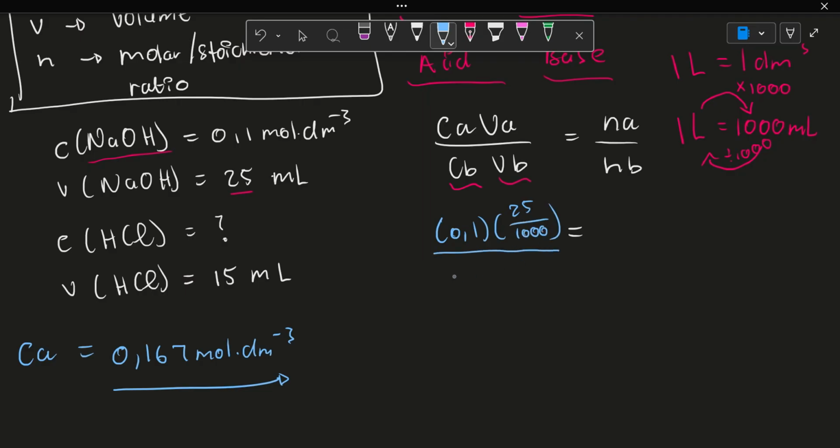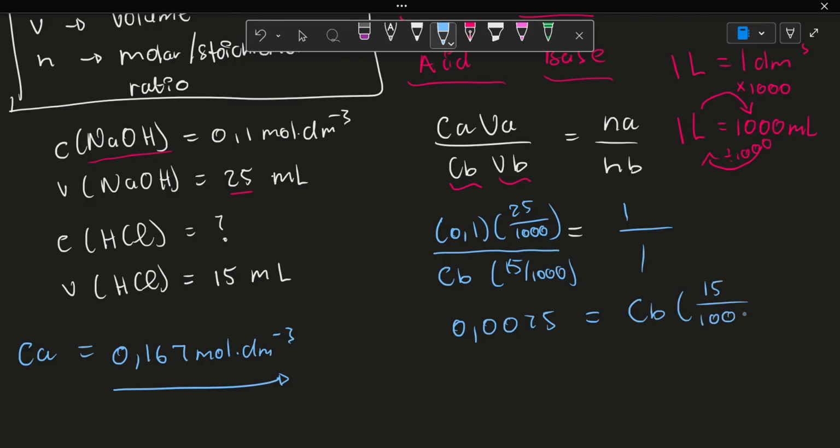And then I would have the concentration of B, and Vb would then be 15 over 1,000. And obviously this would still be 1 over 1. And then I would still get 0.0025 equals Cb times 15 over 1,000, right? And then I would still get my Cb as 0.167 moles per cubic decimeter.